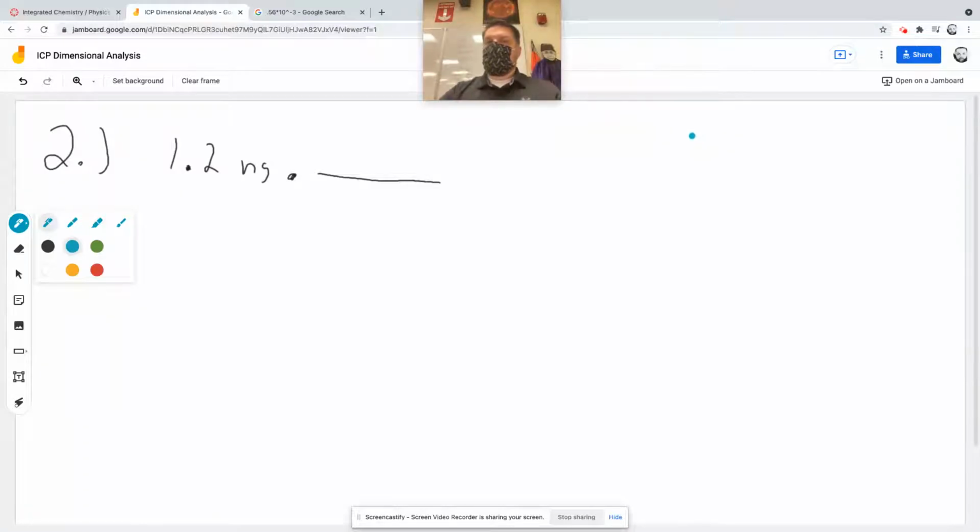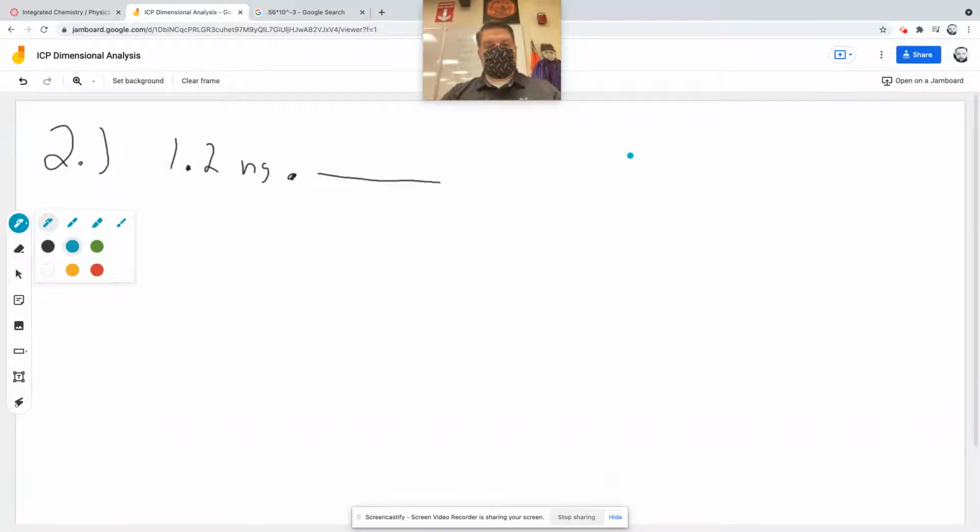So what's the comparison or the equivalency for nanograms to grams? Does anybody know? Well, if you look on this chart that's in Canvas, it says that nanograms are 10 to the negative 9. All right, so let me write that down.